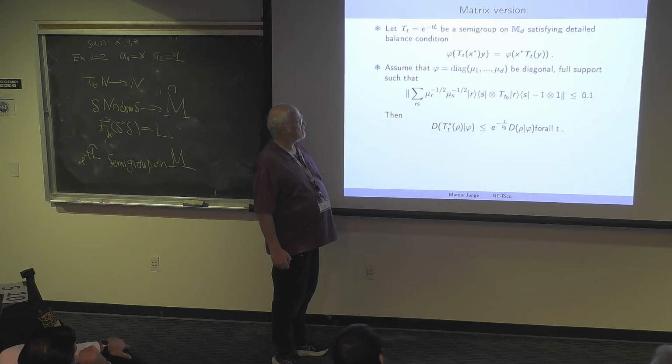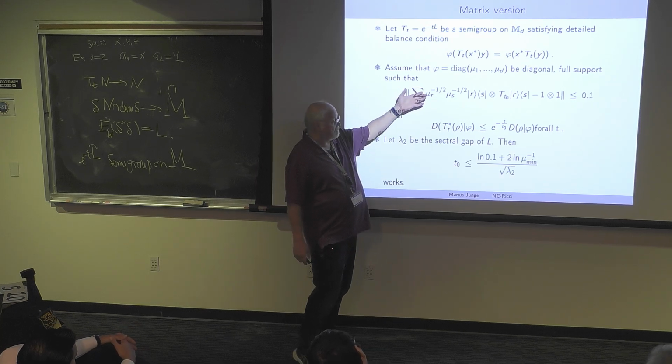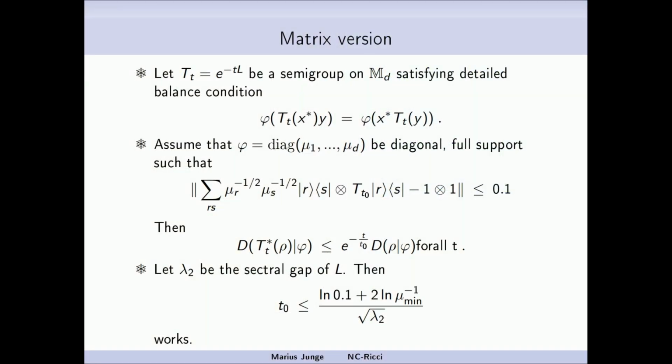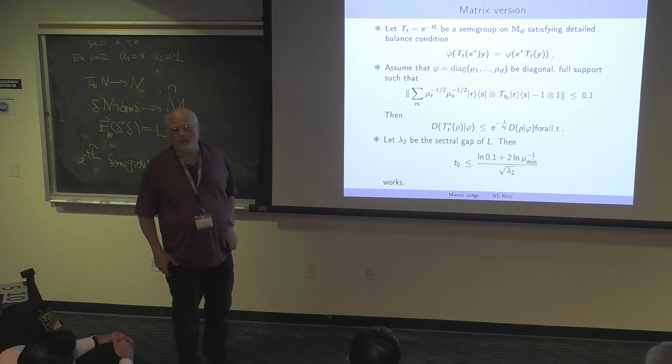We have this inequality. And then our result is, okay, this is hard to get. But if we have a spectral gap, we have an estimate that this t_0 is less than log 0.1 plus 2 times the logarithm of the minimal eigenvalue d, divided by the square root of the log-Sobolev constant. So that, in some cases, can be calculated.